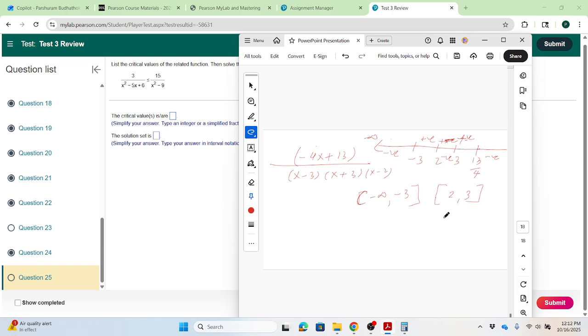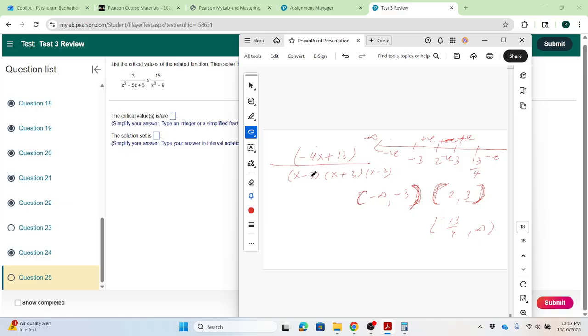And from 13 over 4 to positive infinity, that is also negative. Make sense? So 13 over 4 is a zero, but negative 3 is not. It's on the denominator, so we don't include 2, 3 and negative 3, because they come from the denominator. The only value you include is 13 over 4 because that makes the top part 0.